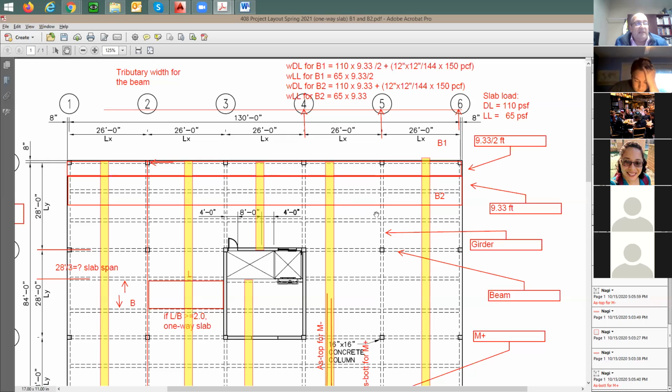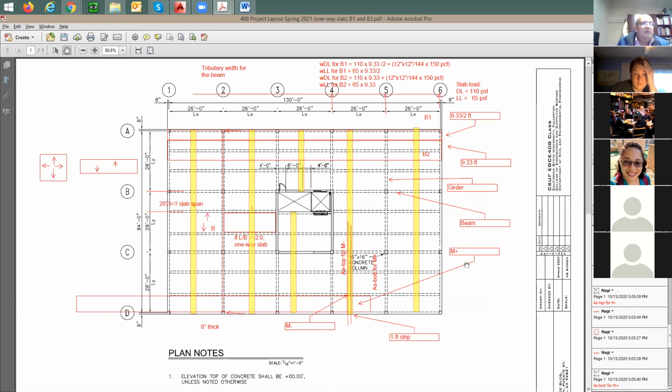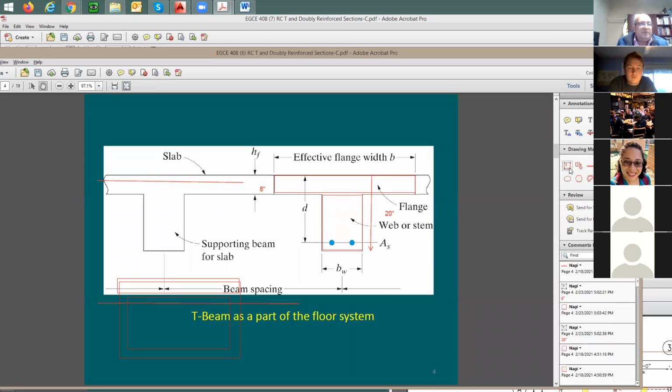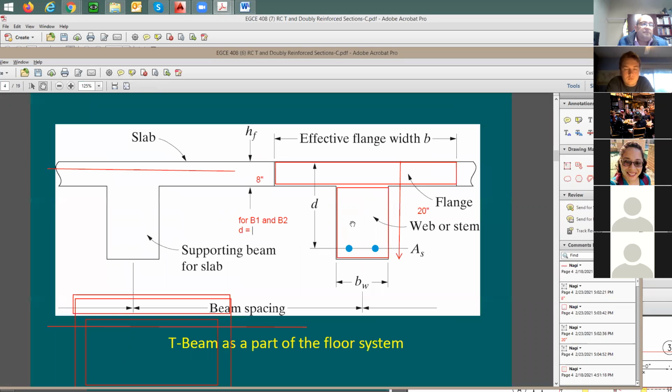How about when you do the analysis, how much is your B1 depth and B2 depth? The depth of B1 and B2. Can someone help me with this? You can see here depth. You can say for B1 and B2, depth equal to how much? This depth, roughly.